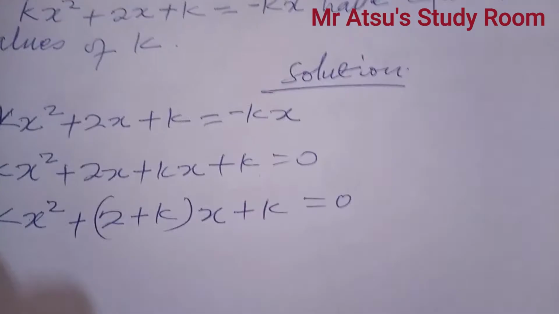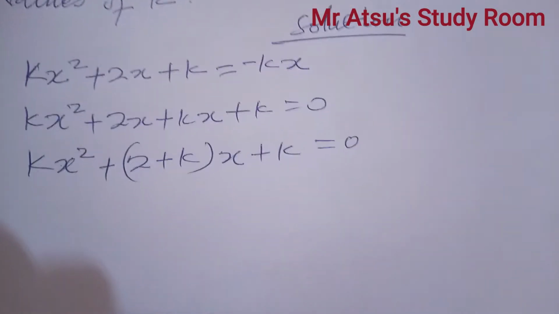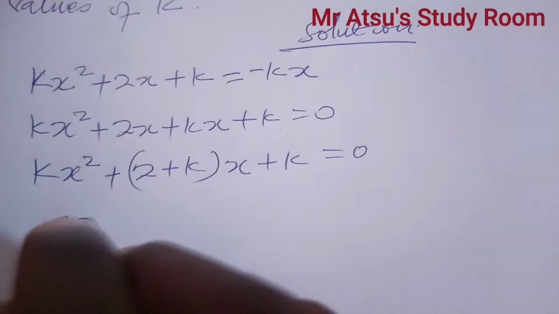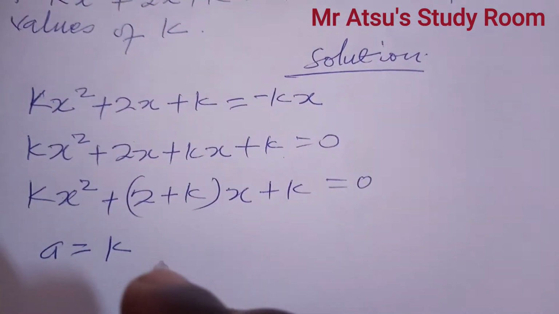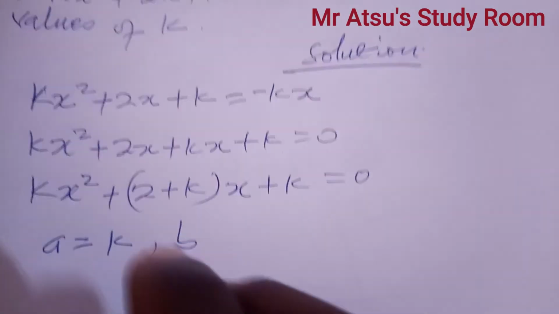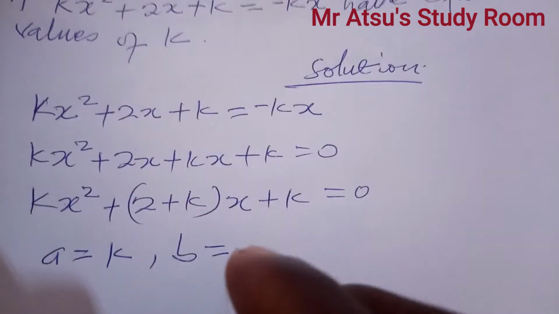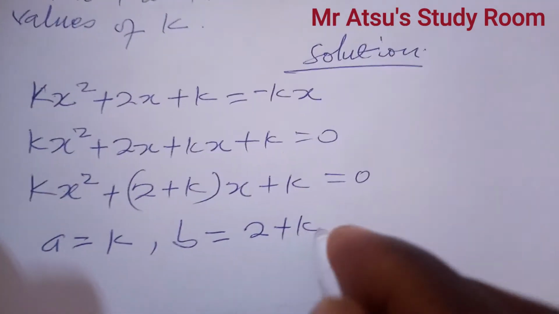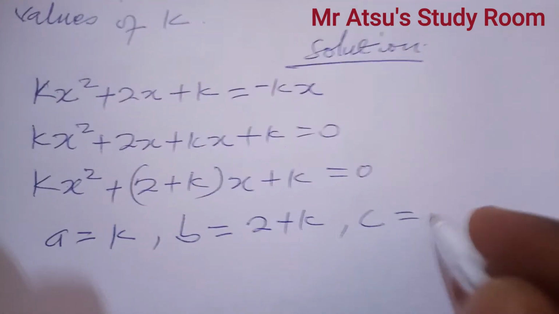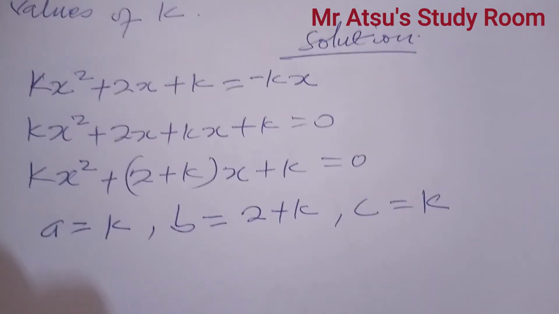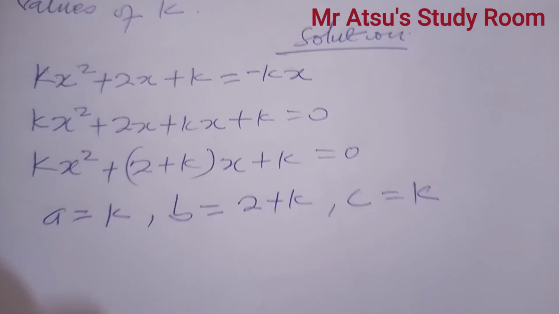Now we can have our a, b, and c. So our a is going to be the coefficient of x squared, which is k. Our b is the coefficient of x, which is 2 plus k. And our c is the one that has no x in it, which is k.